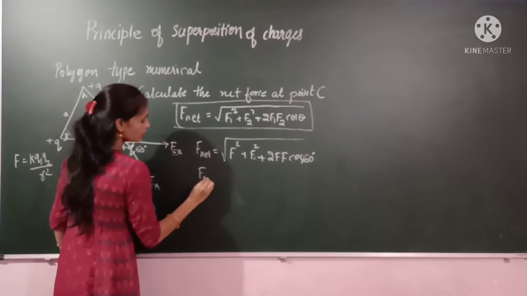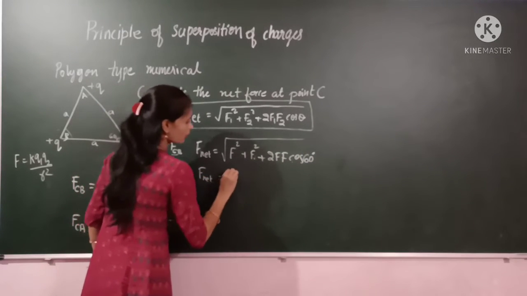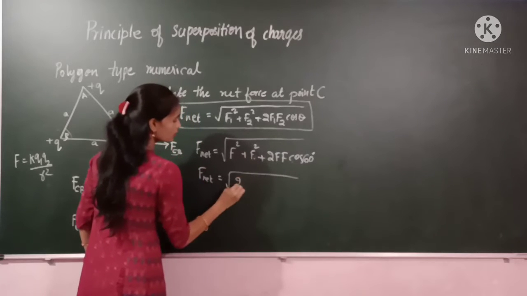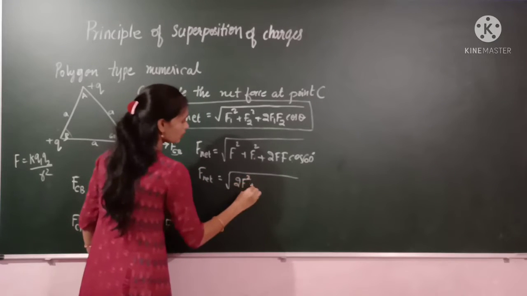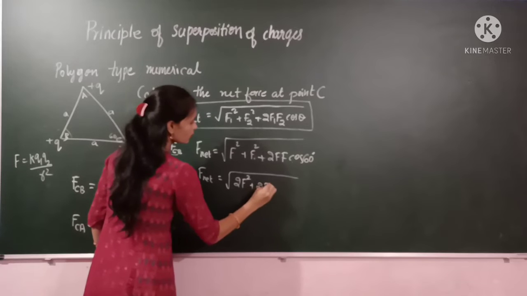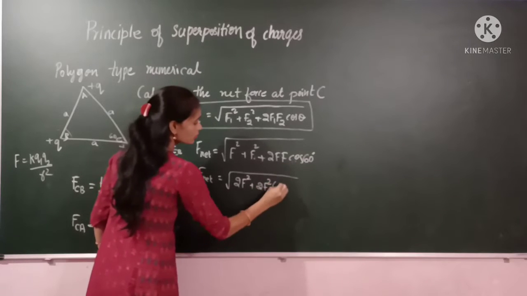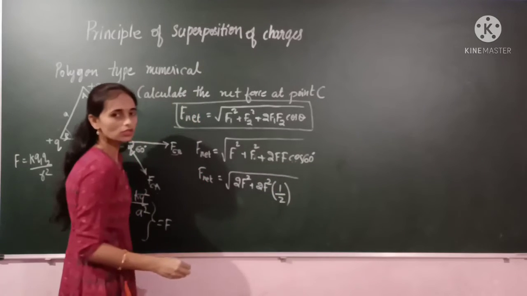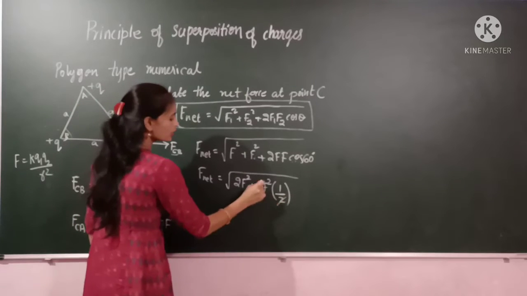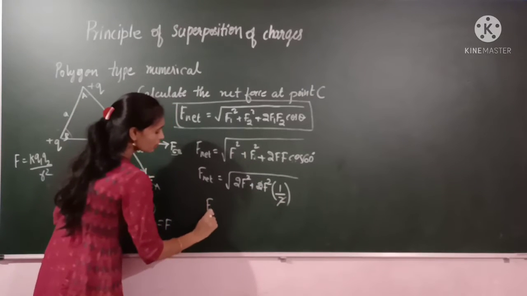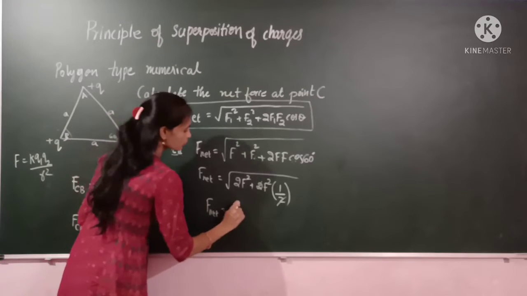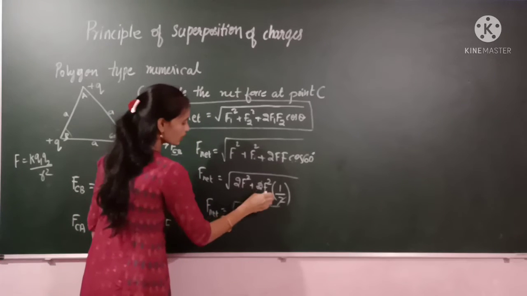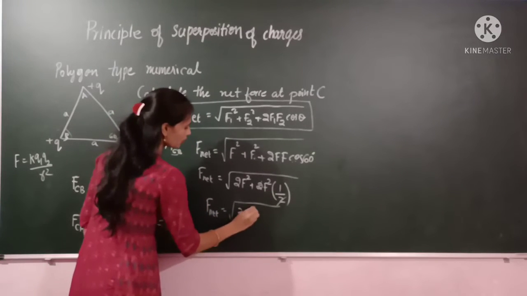F net equals square root of F square plus F square, which is 2F square, plus 2F square times cos 60. Cos 60 is 1 by 2, so this 2 and this 2 cancel. So F net equals square root of 2F square plus 1F square, which is 3F square.